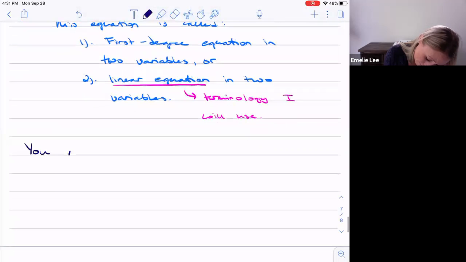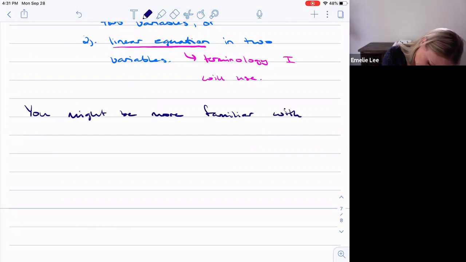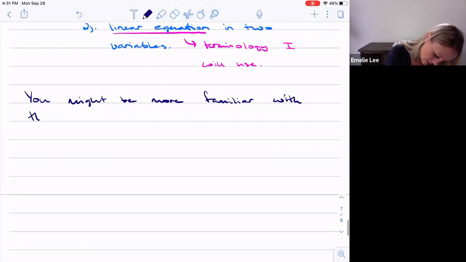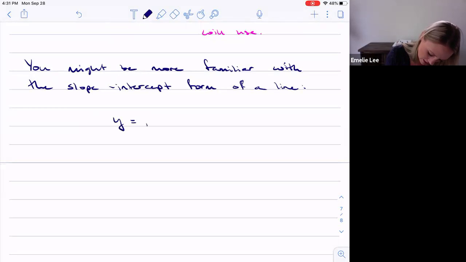You might be more familiar with the slope-intercept form of a line, which is the y equals mx plus b.